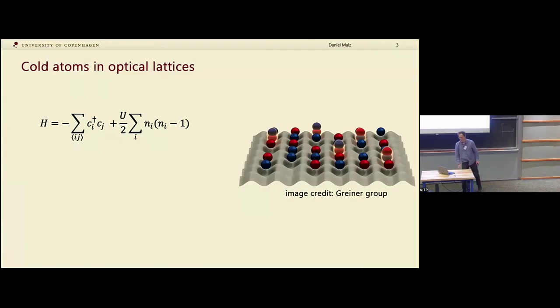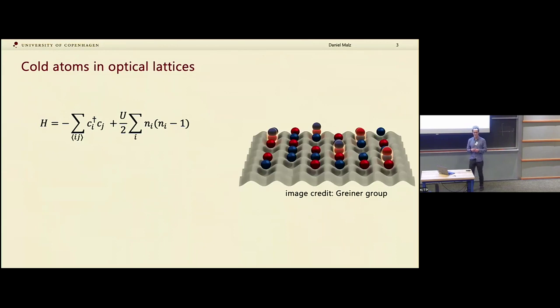The setting I want to focus on is cold atoms in optical lattices. That's something I'm sure you've all heard about in the past, and it's the first analog quantum simulator we had. The basic setting is you take laser beams that you back reflect, you make an optical lattice, and you trap neutral atoms inside.